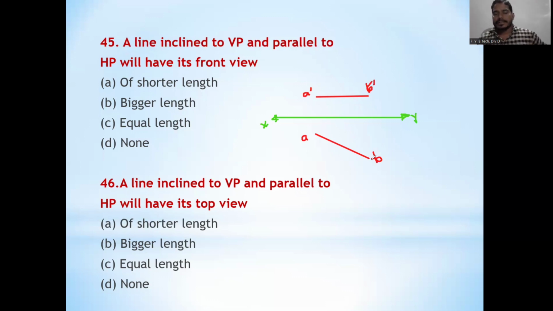It's making an angle with respect to the VP, so that's why the top view will be inclined. So this is our front view, and this is the top view. Its top view is going to show the true length, but the front view gives the apparent length. That means it is giving the shorter length as compared to the true one.